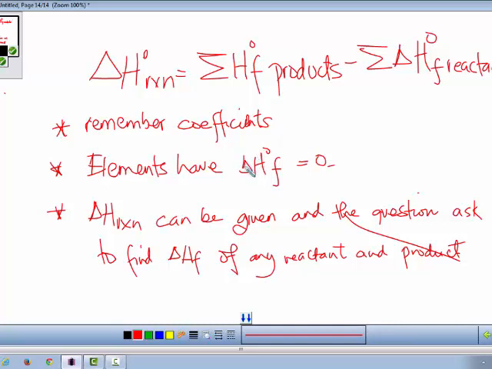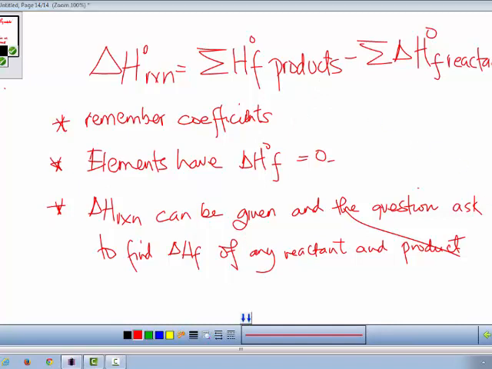Elements have a delta HF of 0, don't forget that. And because this is an equation just like any mathematical equation, delta H for the reaction is not always going to be asked. You can be given delta H for the reaction and asked to find delta HF for any one of the reactants or the products. So let's get to another question.